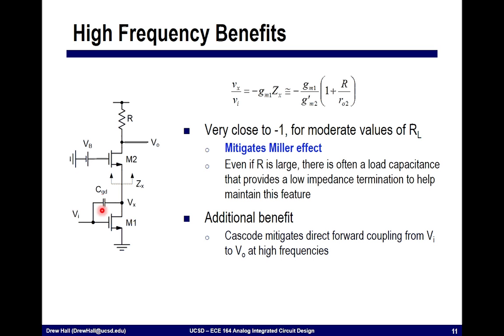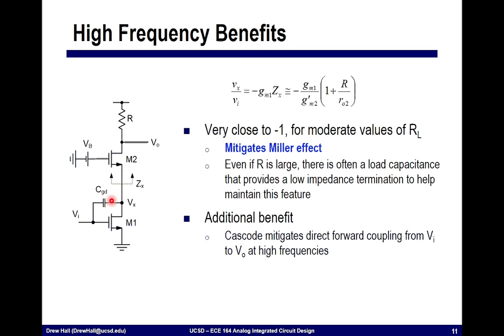Here, the nice thing is that the impedance that this sees looking up here, this is ZX, is much, much smaller than for a common source amplifier. So what this means is that we essentially get to mitigate the problems of the Miller effect. I still have this load resistance, but I'm hiding or isolating this load resistance from this capacitance with this stage M2.